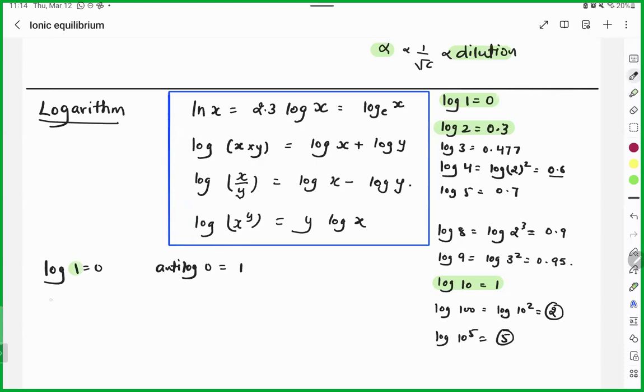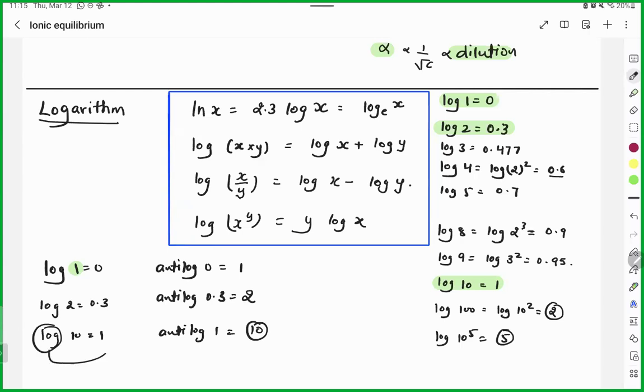Example, if you take antilog of 0.3, what will be the value? 2. Why? Because log 2 value is equal to 0.3. Correct? So log 10 value is equal to 1. What will be antilog of 1? 10. Just compare with log and make it ulta, because this log will go to another side and it will become antilog. Antilog of 1 will be equal to 10.